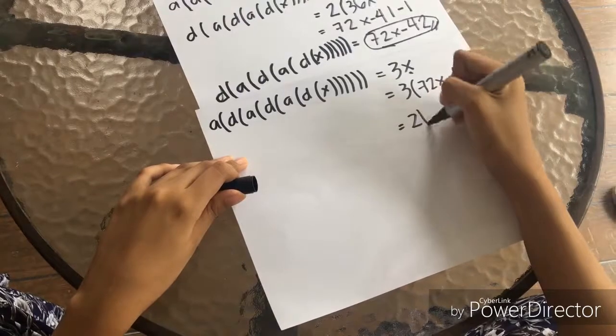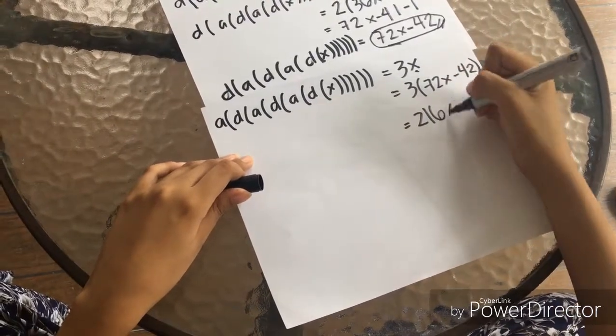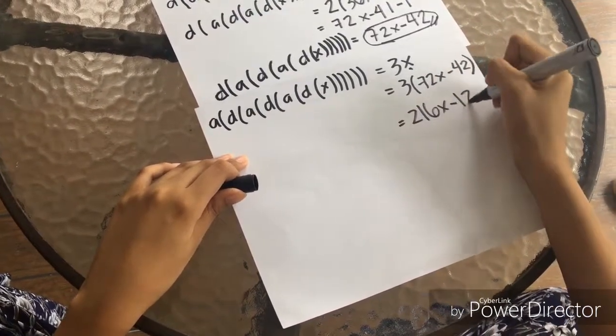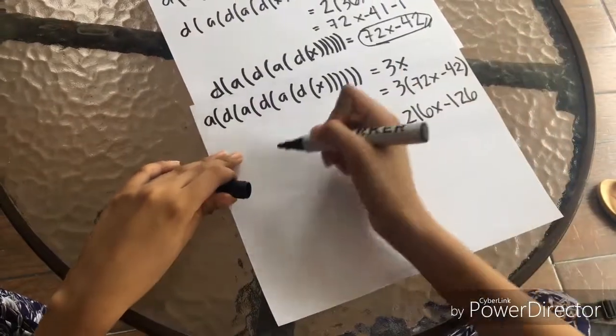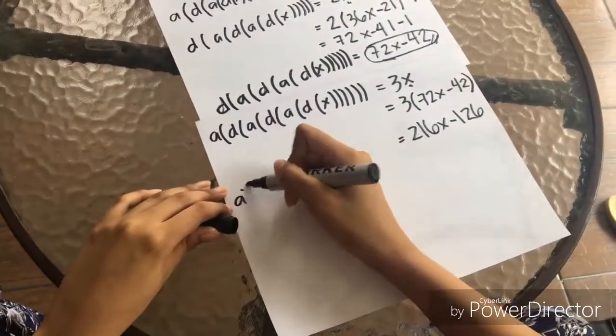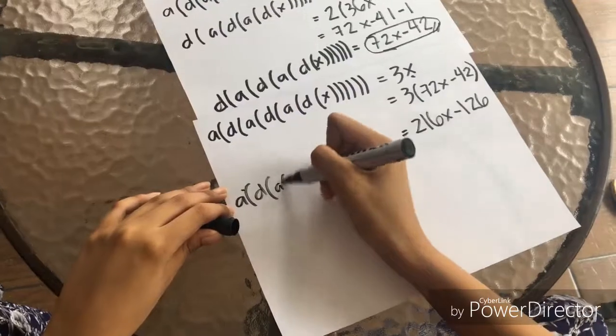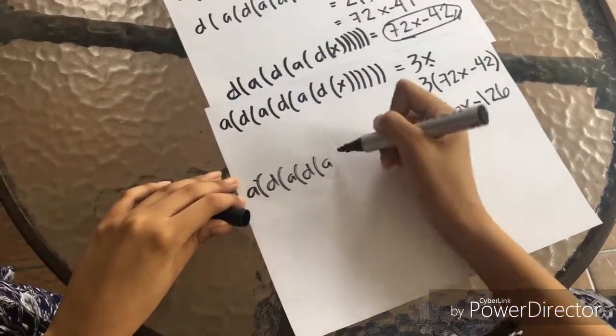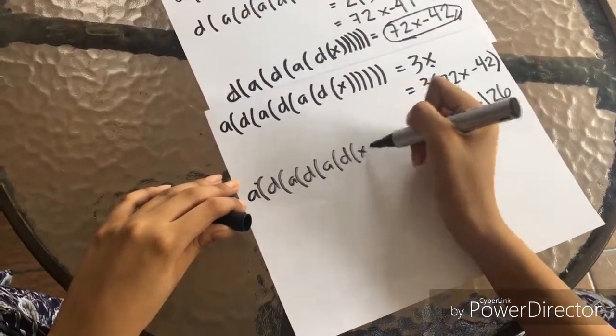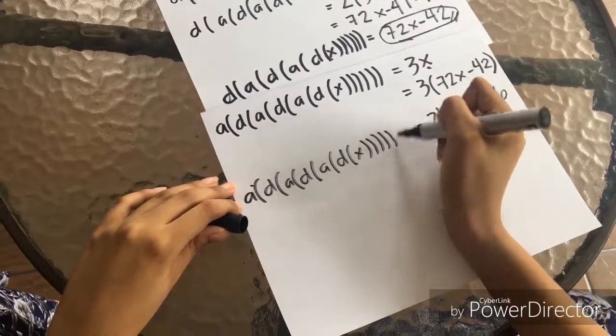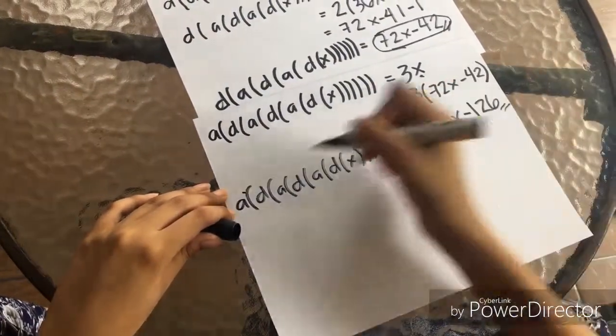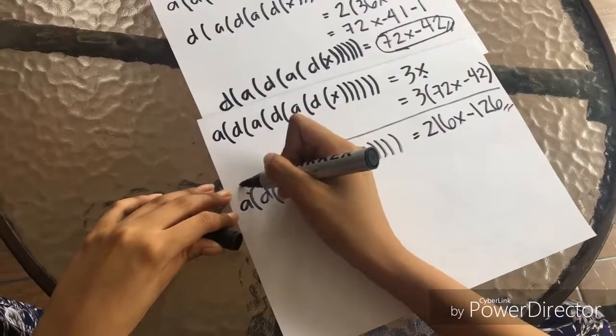That will be 216x minus 126. So A of D of A of D of A of D of X is equal to 216x minus 126.